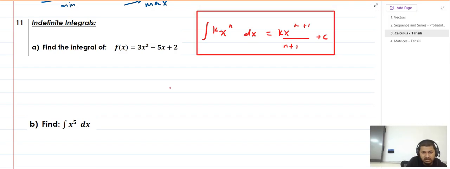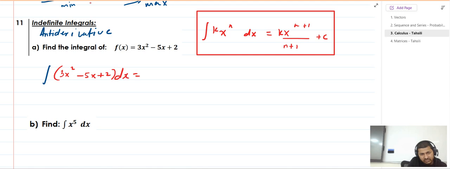Find the integral of f of x. Integral means antiderivatives, so you're working in reverse. To find the integral of this, we use the integral sign: 3x squared minus 5x plus 2 dx.